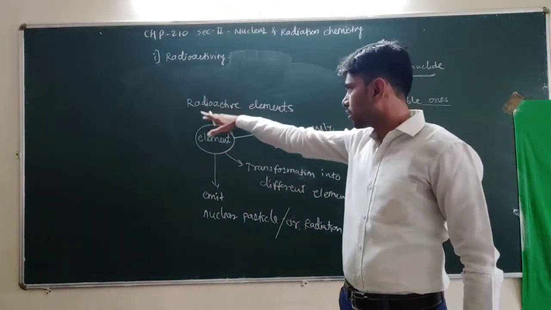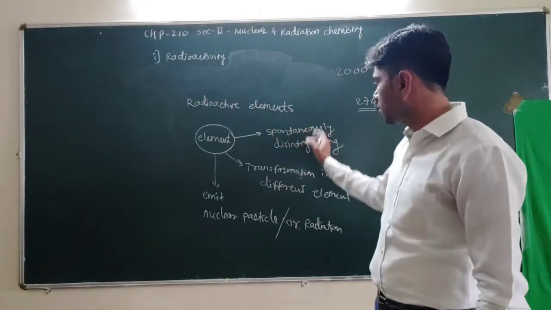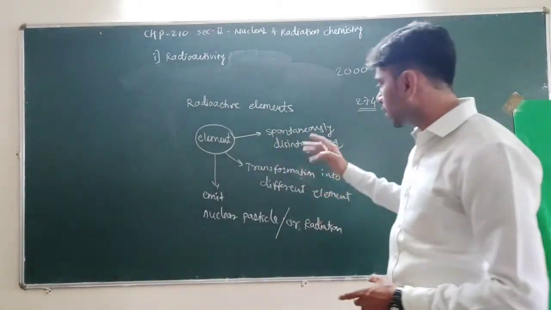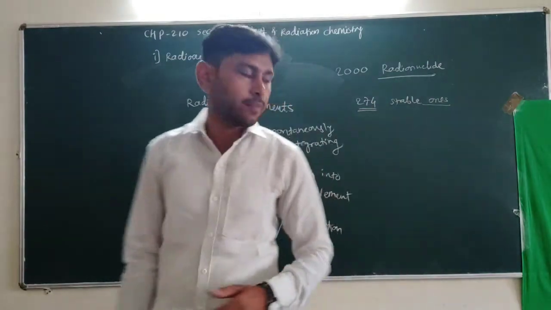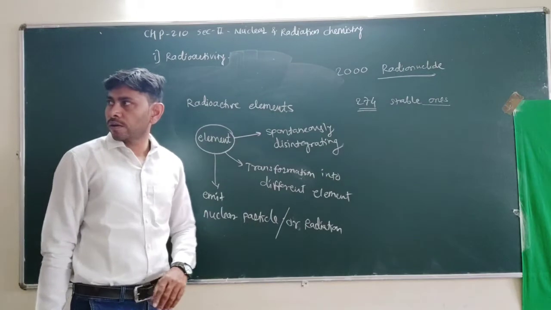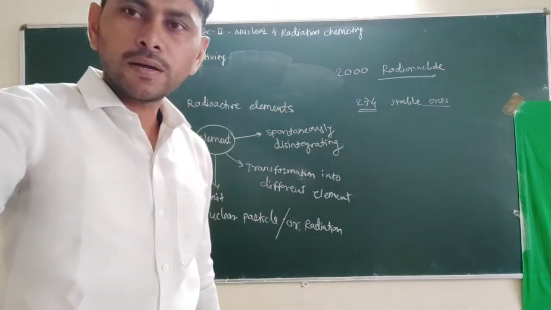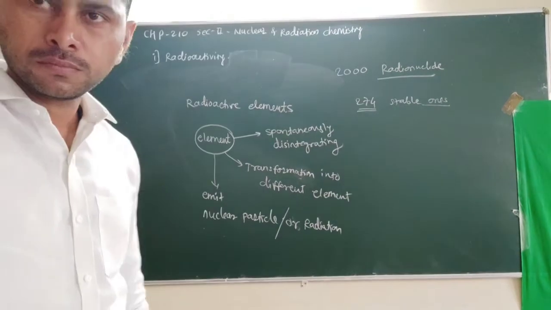Then we saw the radioactive element, the nuclei of which spontaneously disintegrate, transforming into different elements, and in the process emit nuclear particles and or radiation. So this is about radioactive nuclei.